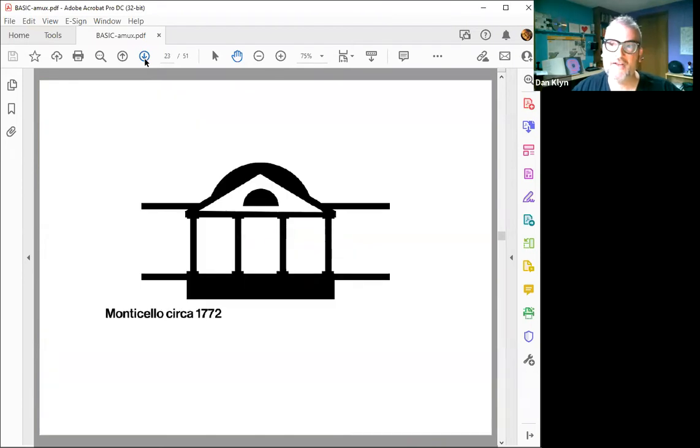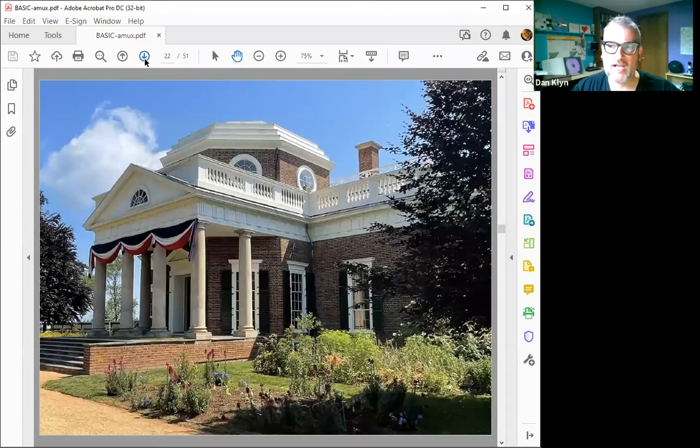what was happening here, the association that was most important to Jefferson, I believe, was two things. One is to be associated with the democratic ideals of Greece through the use of the dome and the use of the Doric order of the columns on the building.